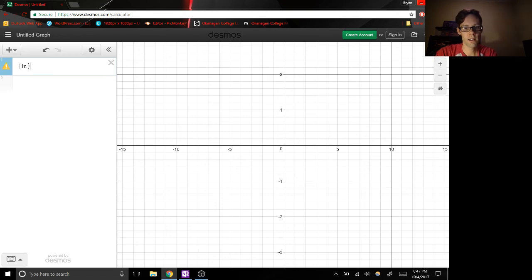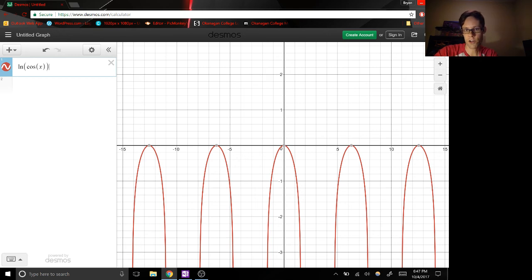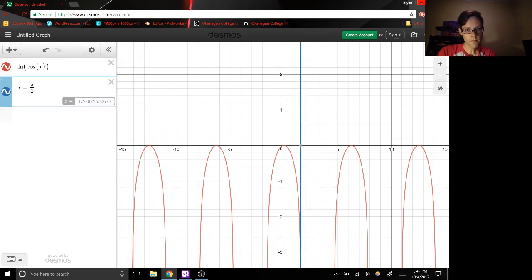So ln of cosine of x. That's interesting. And we were looking at, what, pi by 2? Okay, so pi by 2 does look like it is indeed an asymptote here.